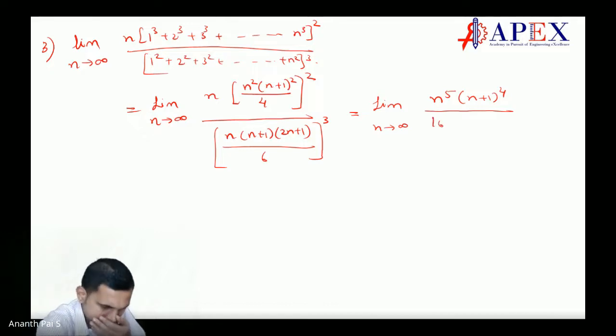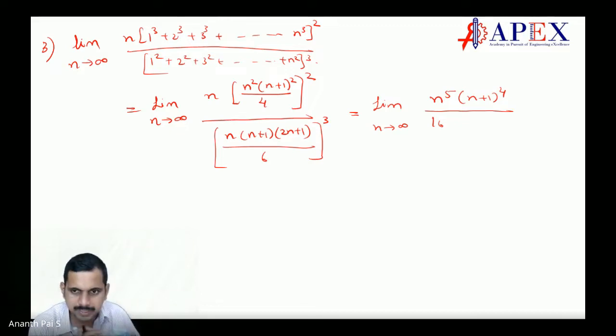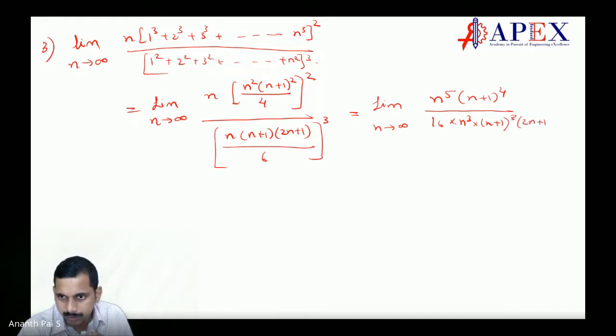Excuse me, students. 4 square is 16, and then on the other side we have n cube into (n plus 1) cube, and (2n plus 1) the whole cube.